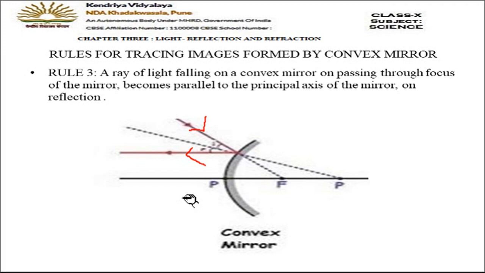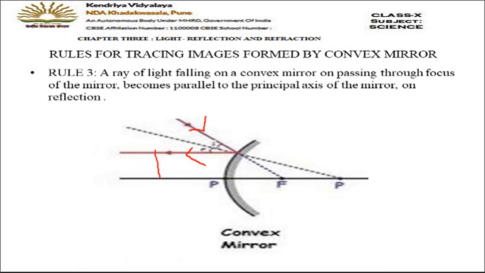They appear to come from those points. That is the only difference. Okay. So if a ray of light strikes the mirror in that way, that if you back trace, it appears that it is coming from F point, then after reflection, it becomes parallel to the principal axis. Okay, this is rule number 3.